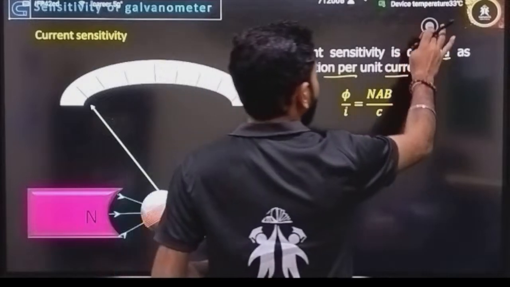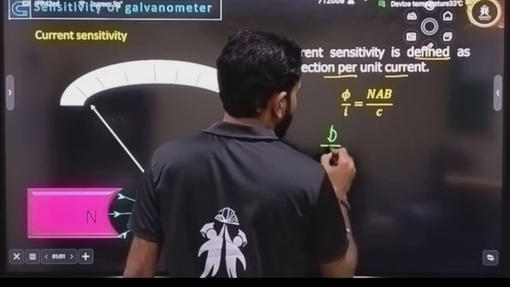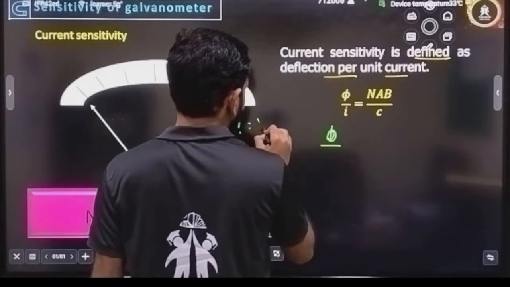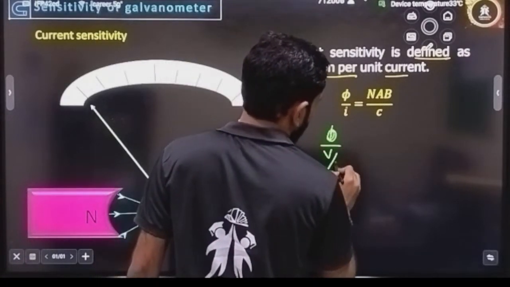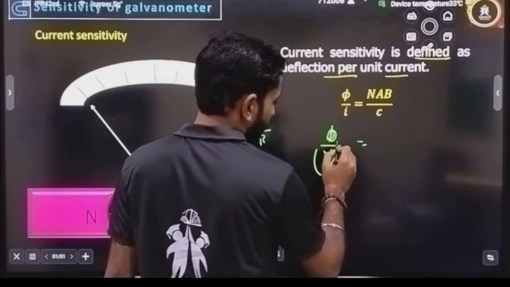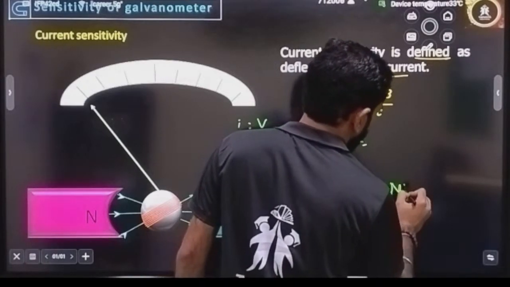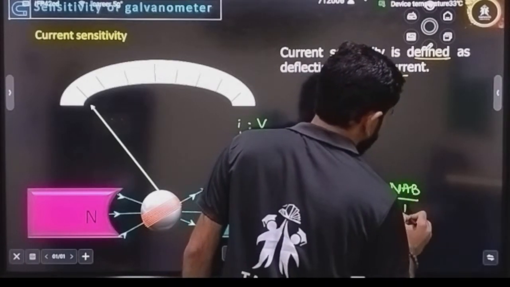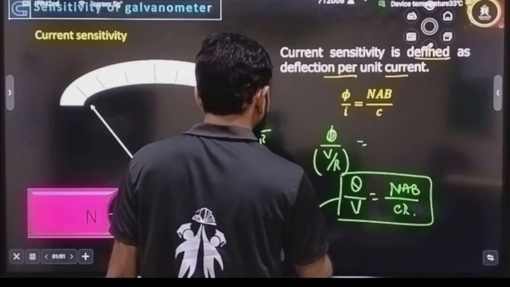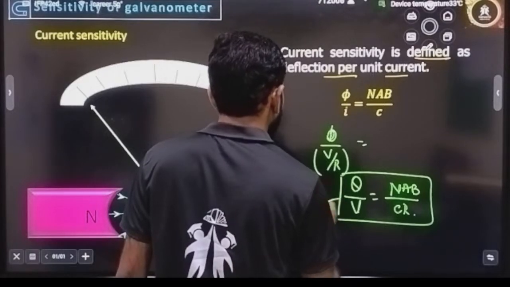If I ask you similarly for voltage sensitivity, how will you define it? That is defined as angle theta divided by voltage. Current can be written as V divided by R, so this R will be going here. It is defined as N A B divided by C into R. This will be defined as voltage sensitivity.